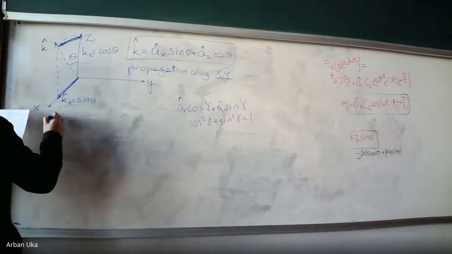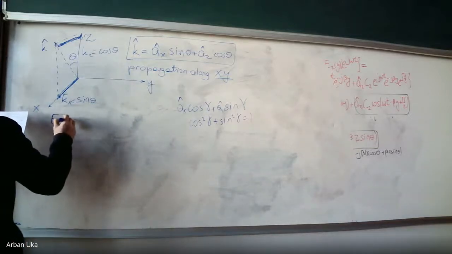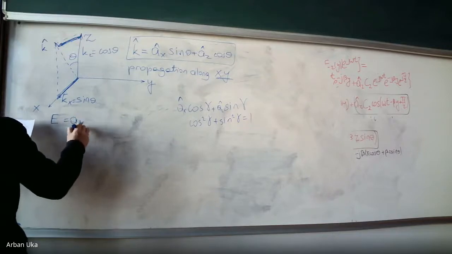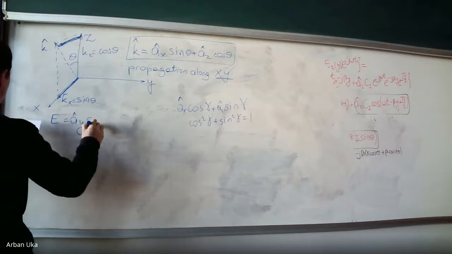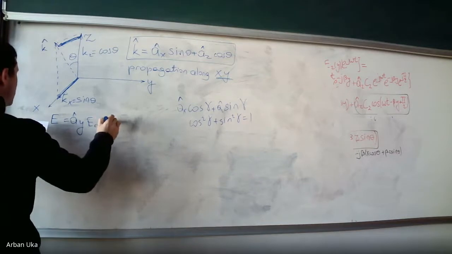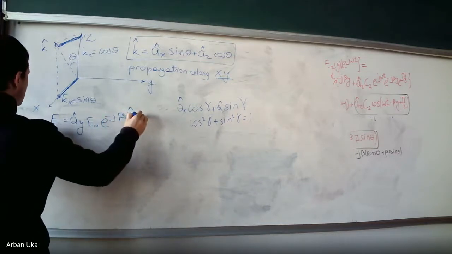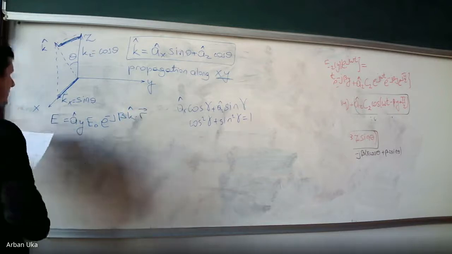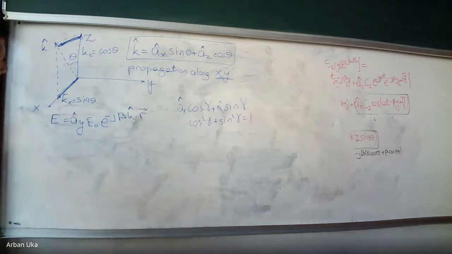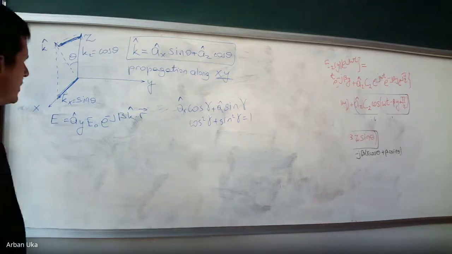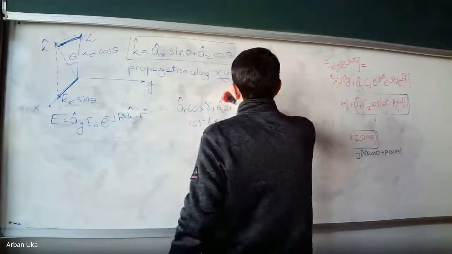So in this case, the electric field vector can be written as ay E0 e to the power minus j beta k dot r. Okay, so we do here the dot product of the unit vector k times r.